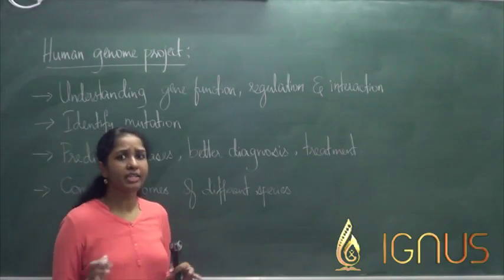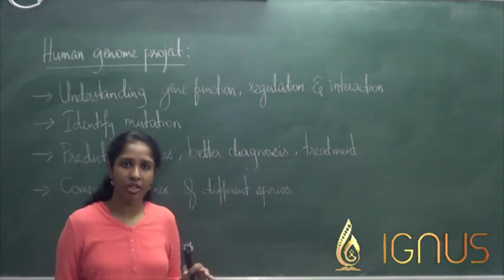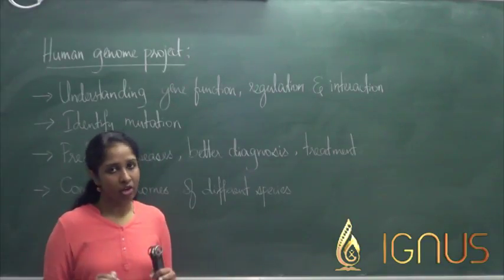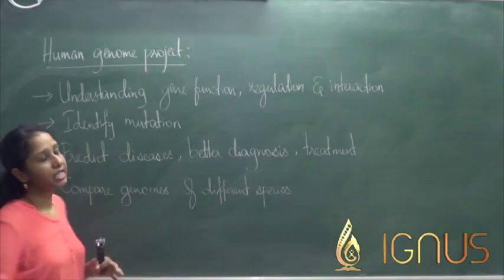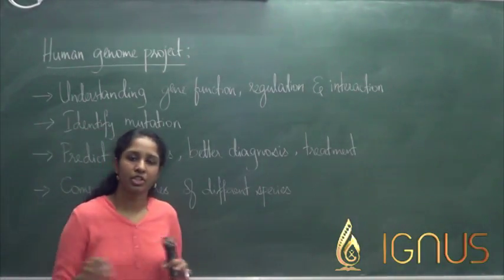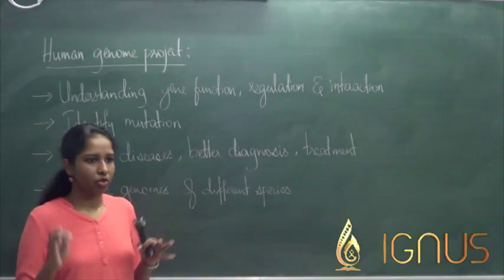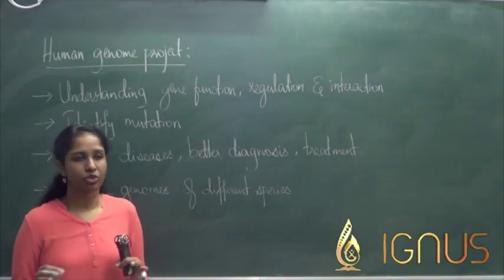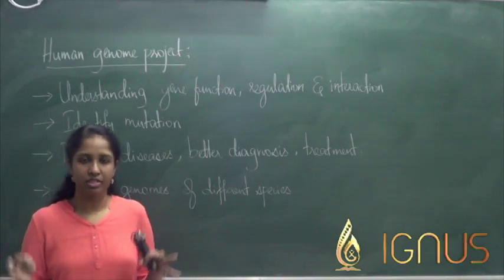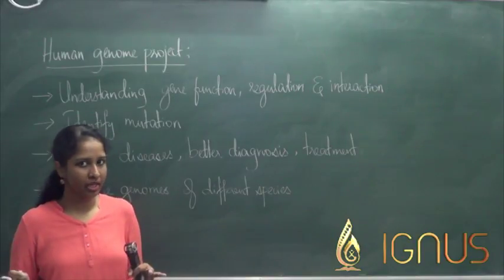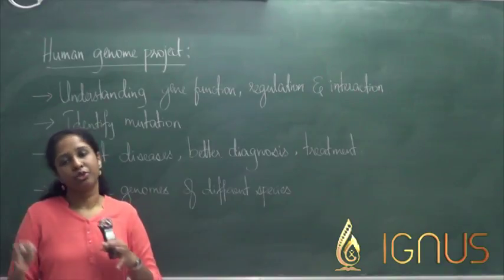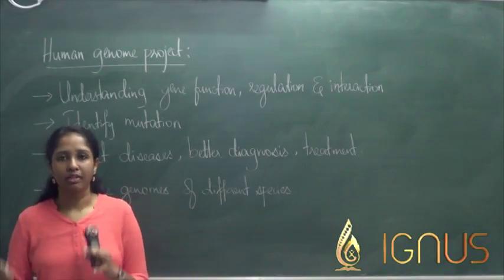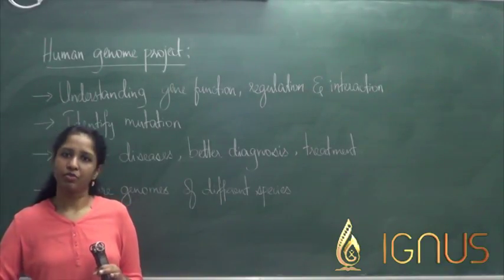The coding region of the DNA is very, very small in comparison to the non-coding part of the DNA, and therefore we could figure out which part of the DNA is going to give rise to a functional gene, that is a coding part of the DNA. We could figure out that here is a specific part of the DNA that is coding, and if it is going to code for an mRNA, it is going to give rise to a specific protein, and that protein is conducting a specific function.